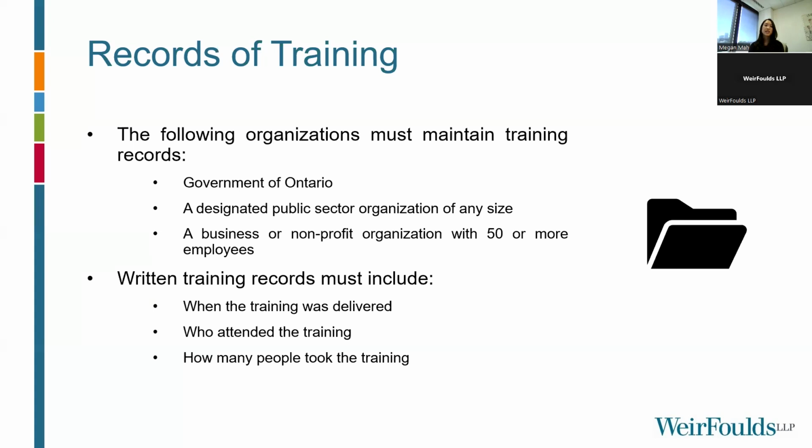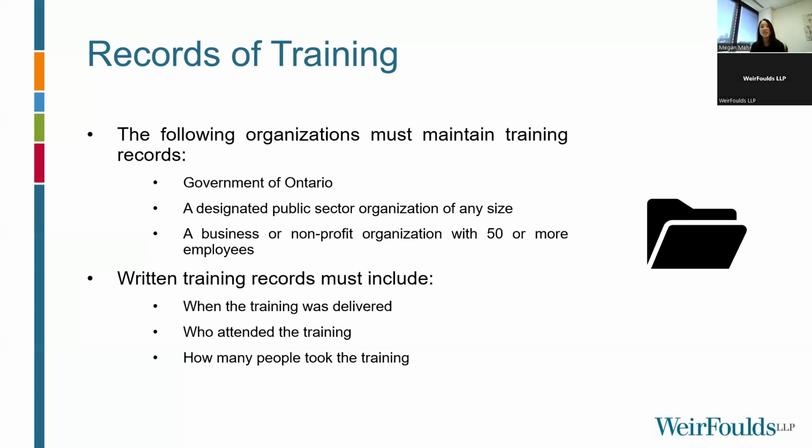So if we're in a situation, for example, where we are responding to a human rights claim, and sometimes, as I mentioned earlier, some of the remedies that a claimant can be seeking in those types of claims include in order to implement policies and to implement training. So it's usually very helpful in those types of situations to be able to show that the organization, in fact, already has a comprehensive human rights policy or accessibility policy in place.